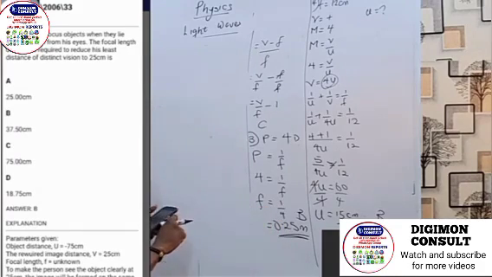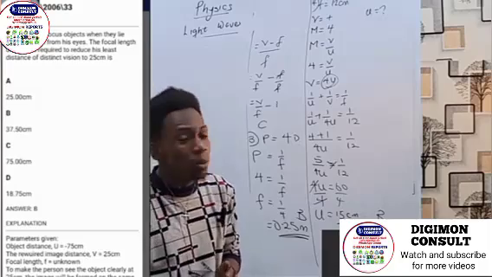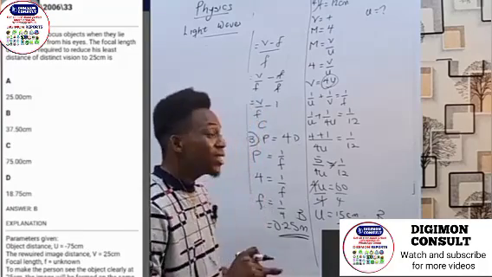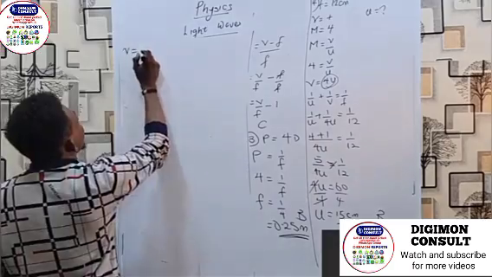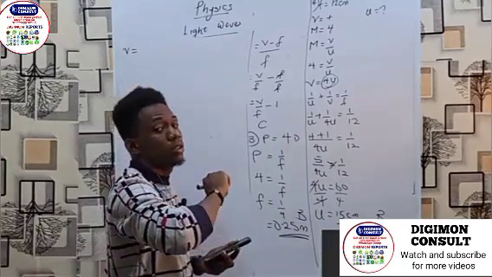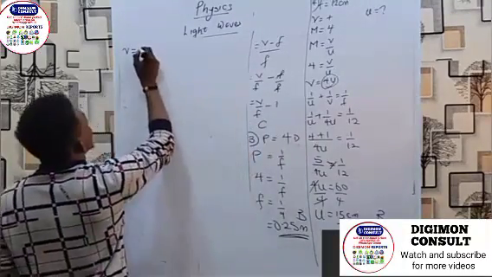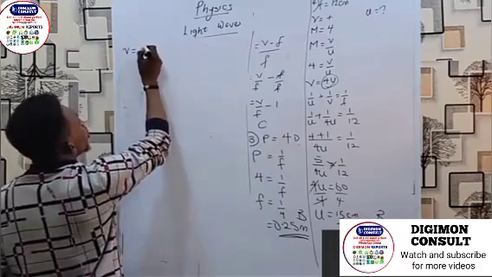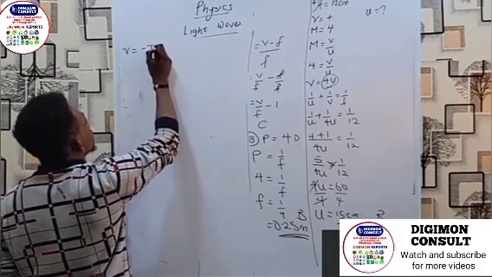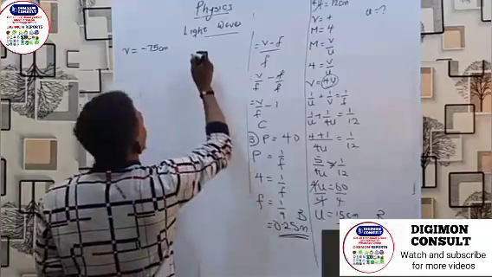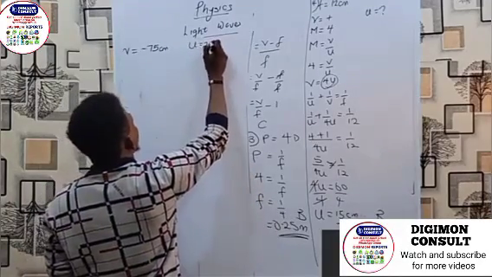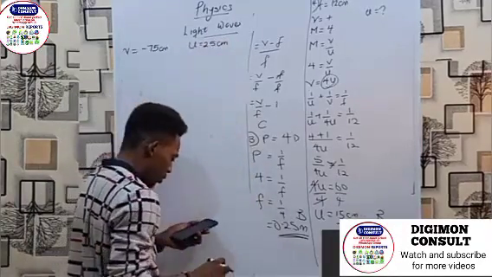However, based on the way the person is going to see this image from his own point of view, that 75 is actually going to turn into the image distance. But because it's on the other side of the glass from his eyes, it becomes minus 75, while the object distance becomes 25 centimeters.